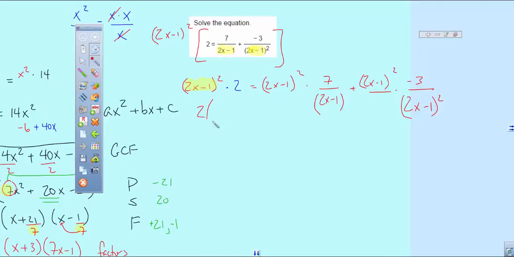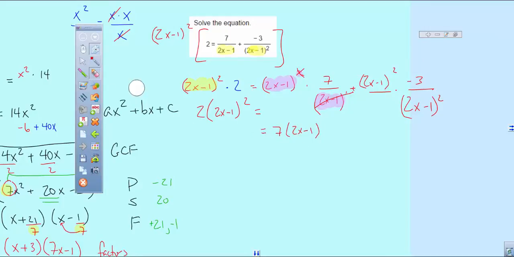So we essentially have 2x minus 1 squared. On the second one, I have a 2x minus 1 squared, and then I have a 2x minus 1 to the first. That means I have 1 on the bottom that would cancel, and I have 2 of them on top, so the 2 cancels. So I'm left with 7 times 2x minus 1.